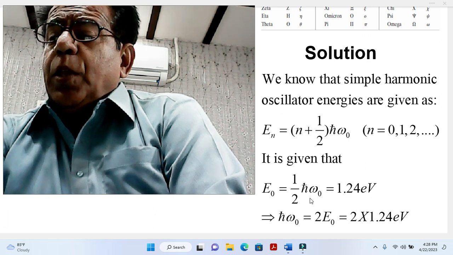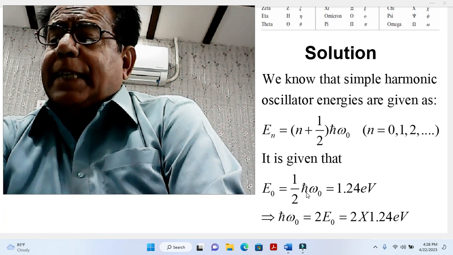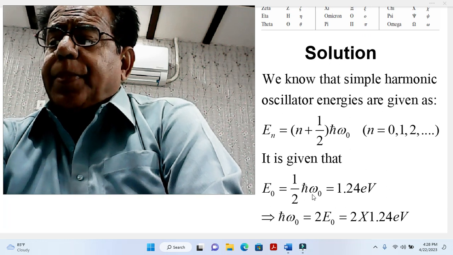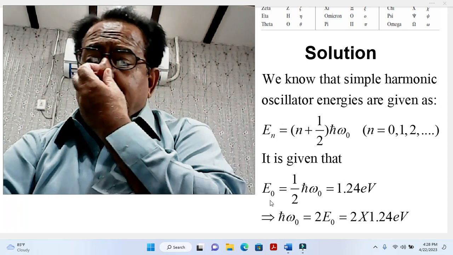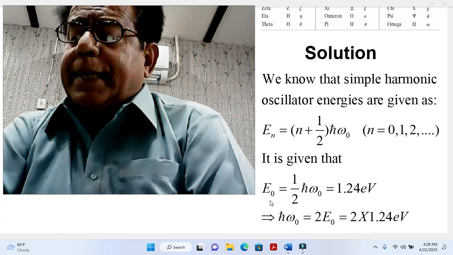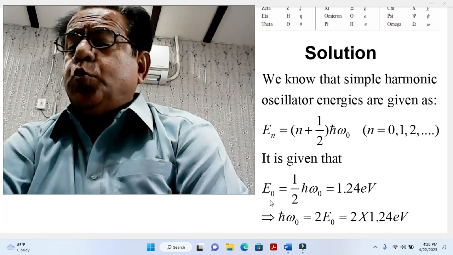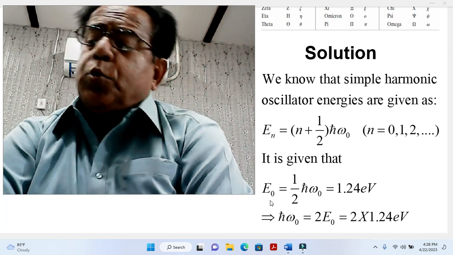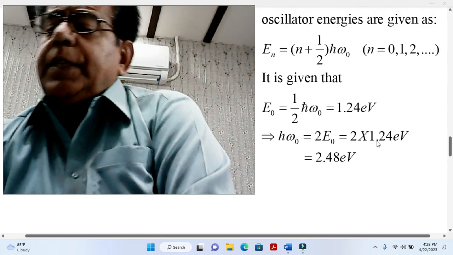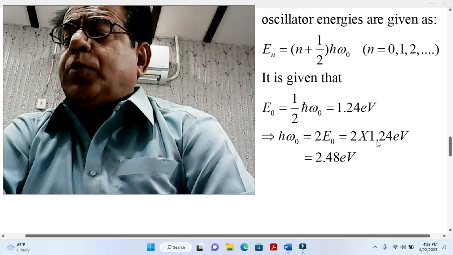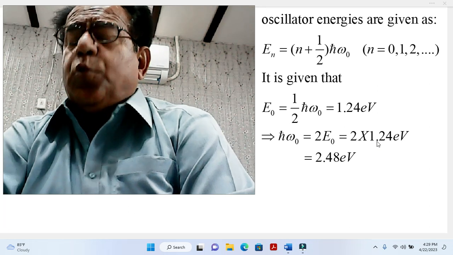This implies that if we keep h cut omega naught on one side, then 2 will be multiplied with E naught, and the value of E naught is 1.24. So h cut, or h bar, or h reduced omega naught will become equal to 2 E naught, equal to 2 into 1.24 electron volt, which is 2.48 electron volt.